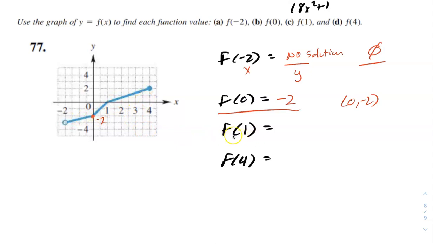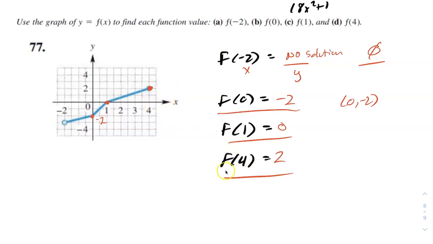F of 1, what happens when x equals 1? Here's my x, here's 1. My graph is at 0. And then finally, f of 4, what happens when x equals 4? It's at 2. And again, these also work as a point. That's like the point 4, 2. Right? When x is 4, it's the y value. And that's the lesson.